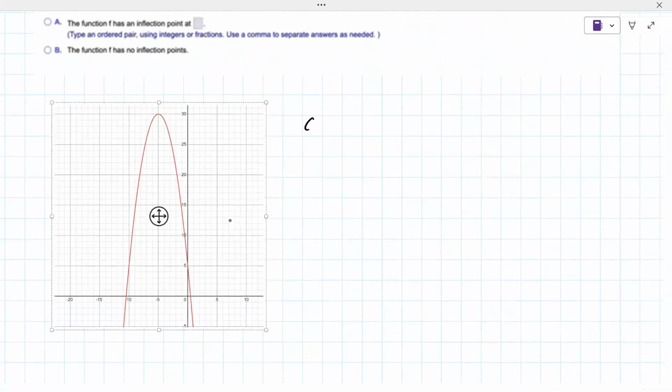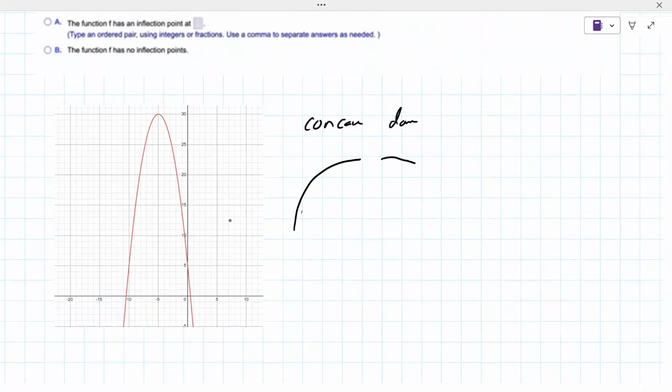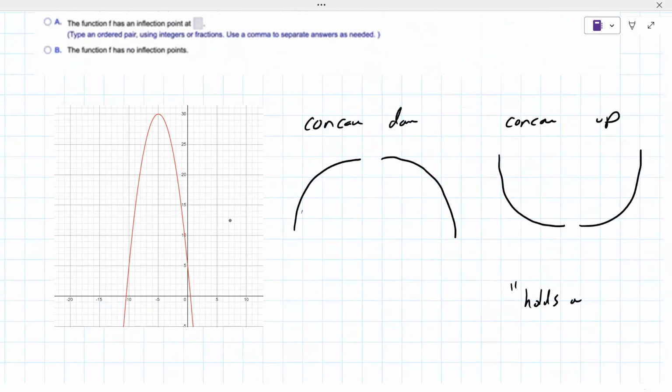So concave down looks like this. It either looks like this or like this. Concave up looks like this or like this. Sometimes students learn holds water for concave up, concave down does not.